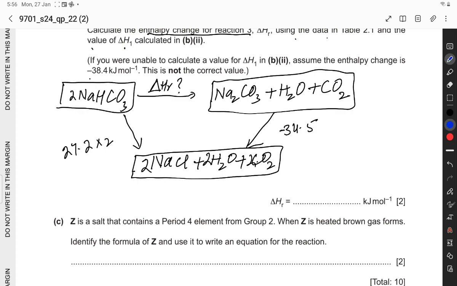So draw, this is the starting point and this is the ending. So draw an arrow.